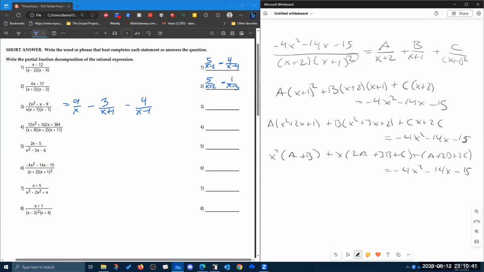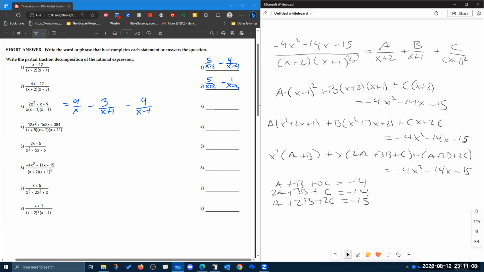So that gives me A plus B equals negative 4. There's a plus 0C here. And there's 2A plus 3B plus C equals negative 14. And there's A plus 2B plus 2C is equal to negative 15.